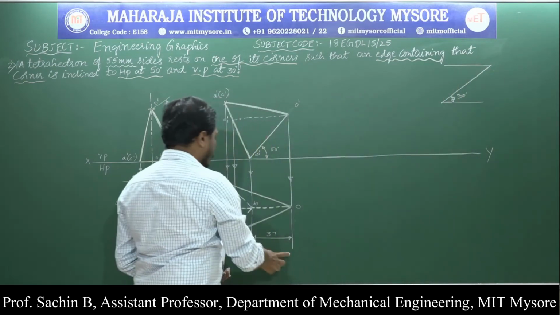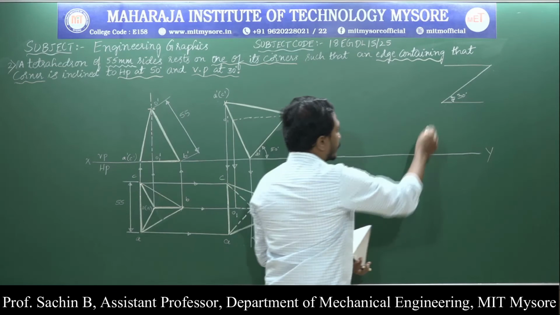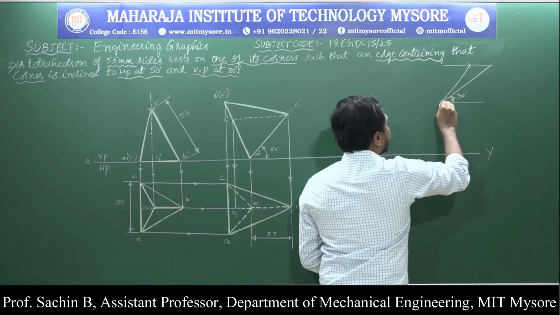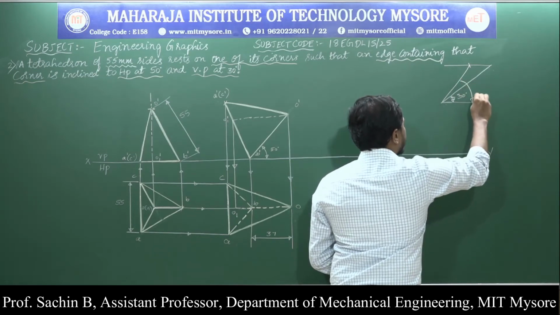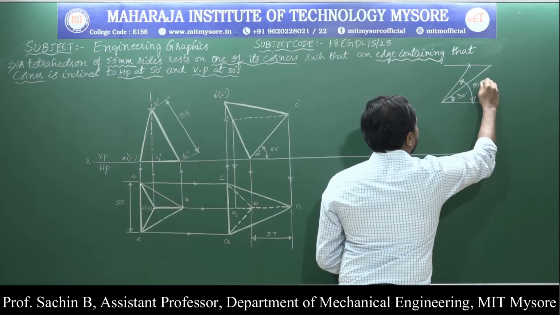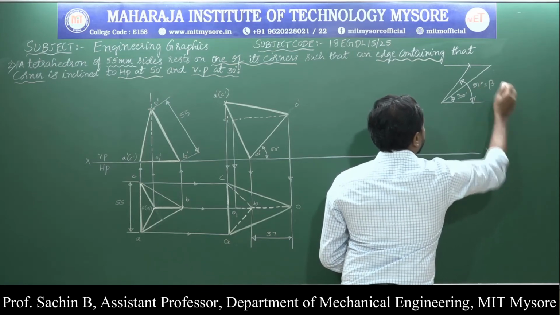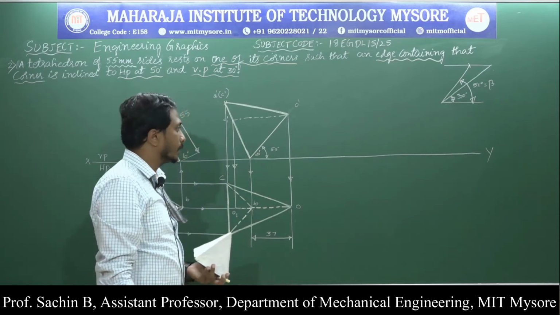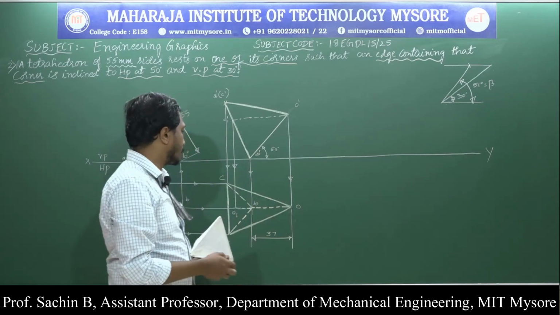I will come to the second position. I will measure this 37 millimeter over there. I am going to draw this line. If I measure this angle, this is exactly 51 degree for me. This is the beta angle. We already know how to get the beta angle. In similar fashion, I have constructed it.